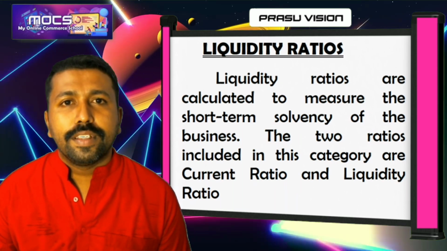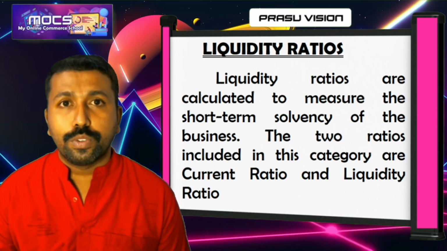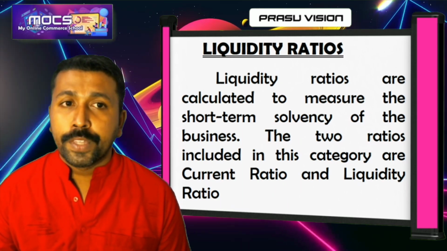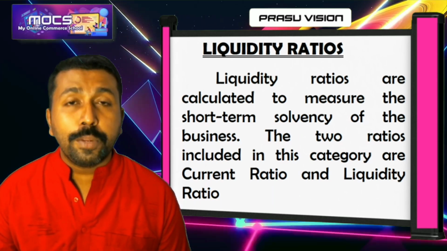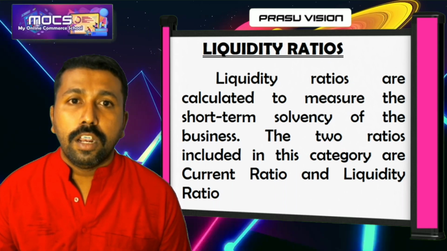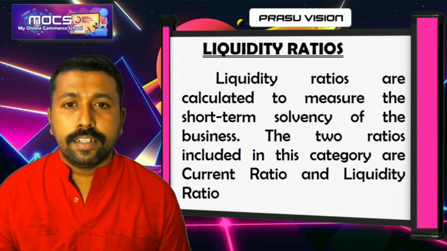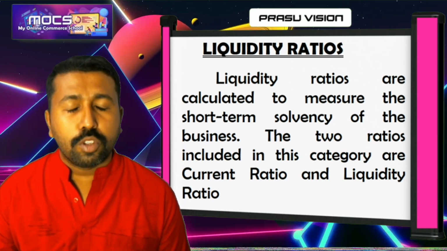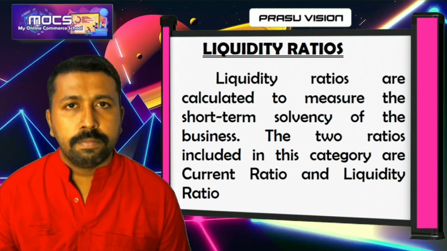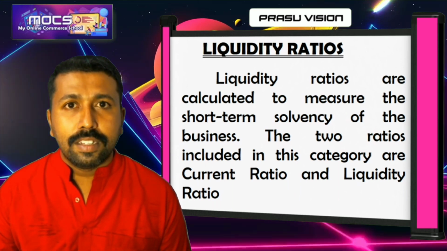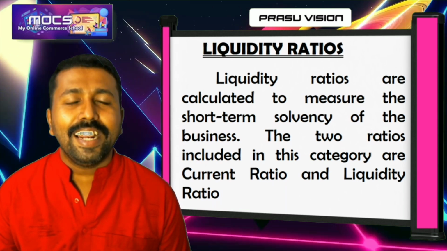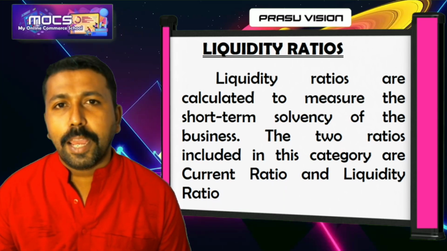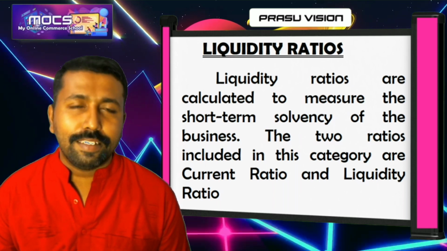Liquidity ratios help the firm to identify its liquidity position. Liquidity ratios are calculated to measure the short-term solvency of the business. Short-term solvency means the ability of the firm to pay the current liabilities of the organization.